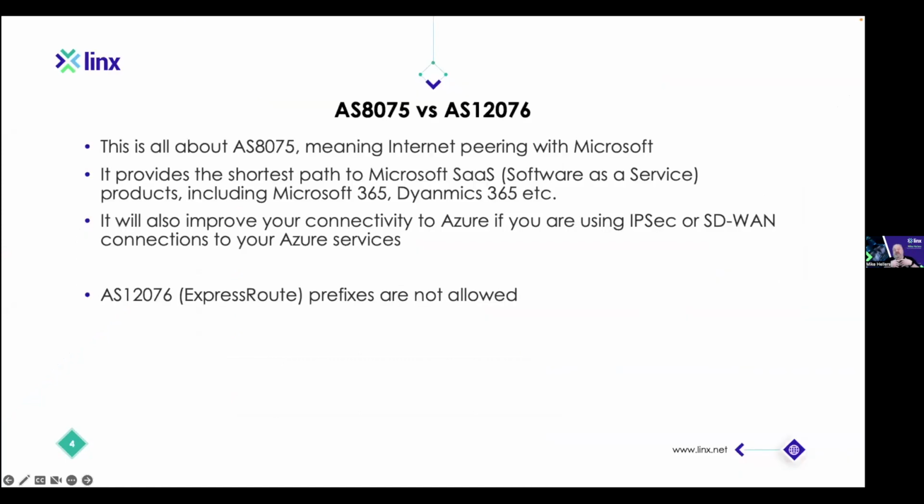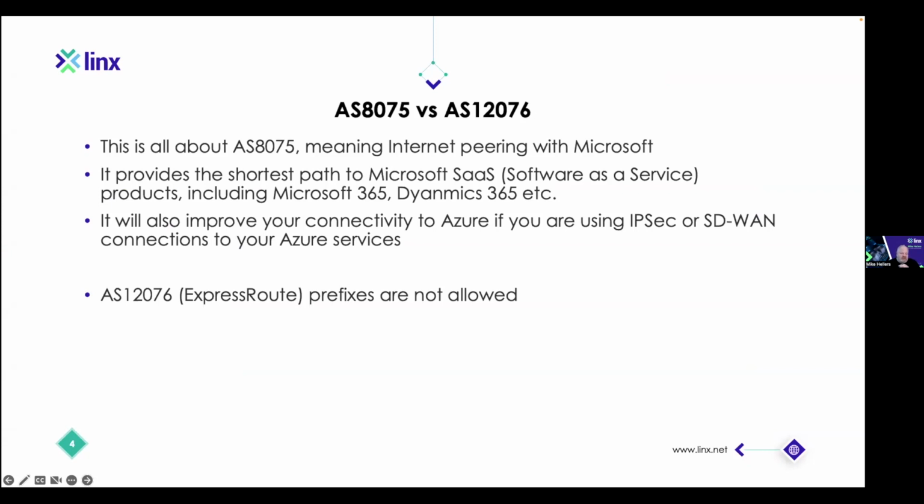So what is it? Microsoft has a number of AS numbers, and those of you who are using Microsoft Azure probably realize that there are two different networks. AS 8075 is Microsoft's public AS number, and really the original AS number, and that's what Microsoft Peering Service Maps is all about.